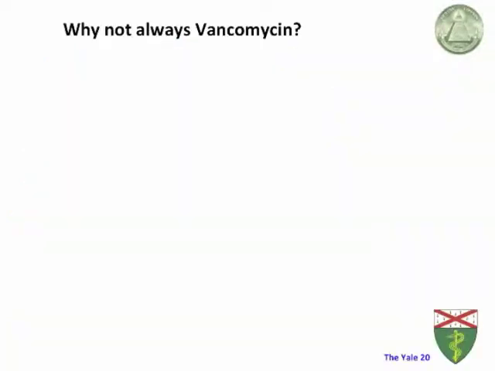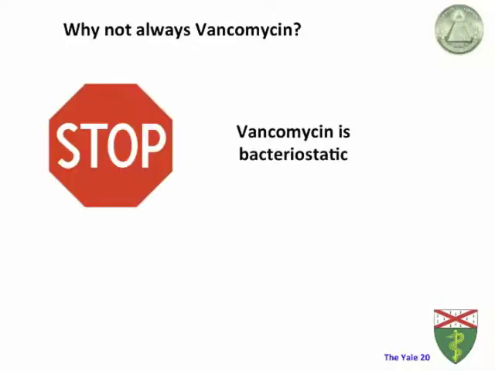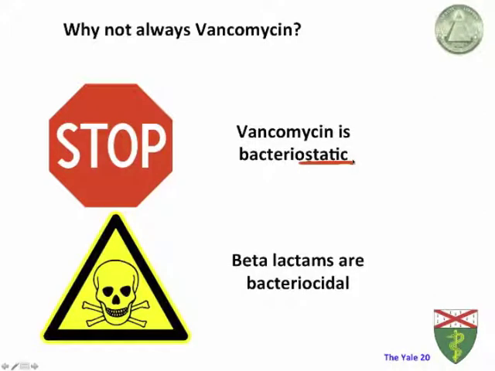Why not always vancomycin? That would be a great question. Well, vancomycin covers strep, it covers staph. So why not just pick vancomycin, see what happens, narrow later? Here's the answer why. Vancomycin is a bacteriostatic drug. Beta-lactams are bactericidal.